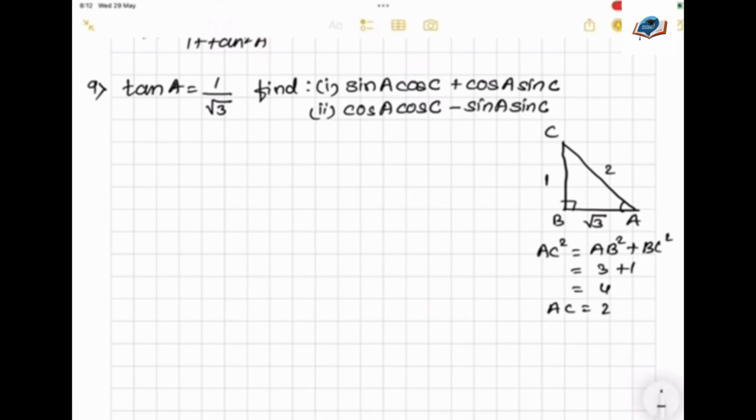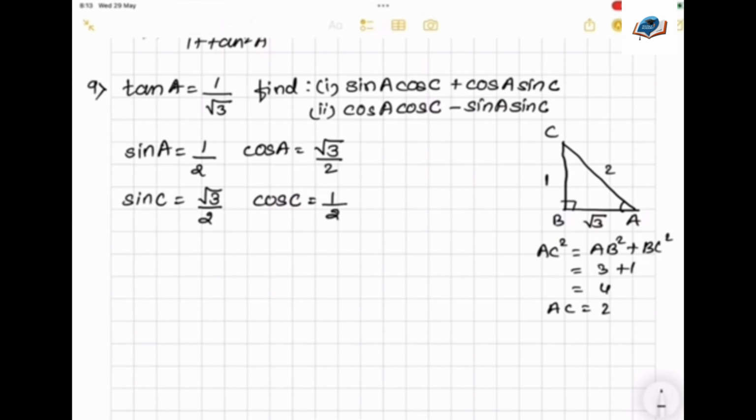Now sin A will be opposite upon hypotenuse, so 1 by 2, and cos A will be root 3 by 2. So sin C equal to root 3 by 2 and cos C equal to 1 by 2.